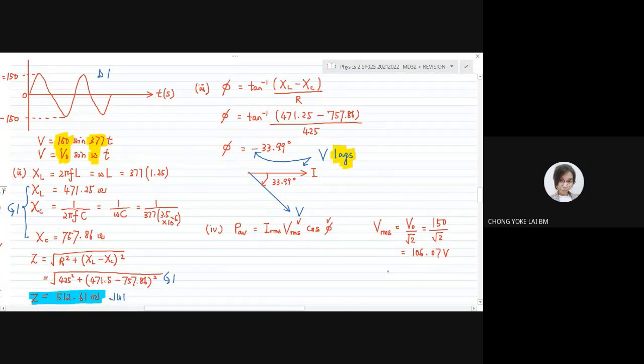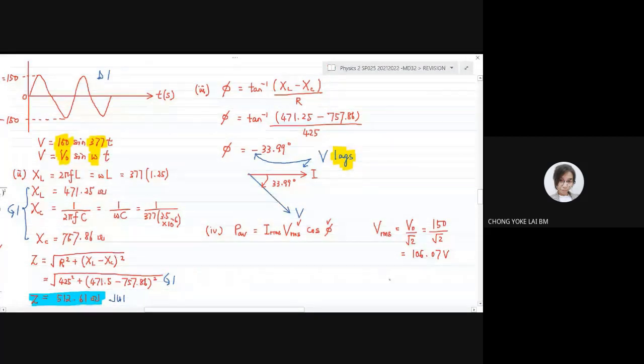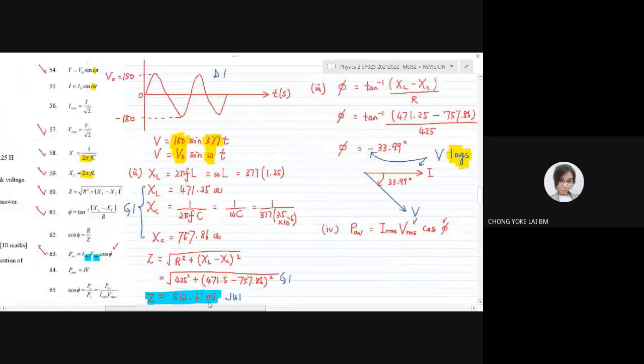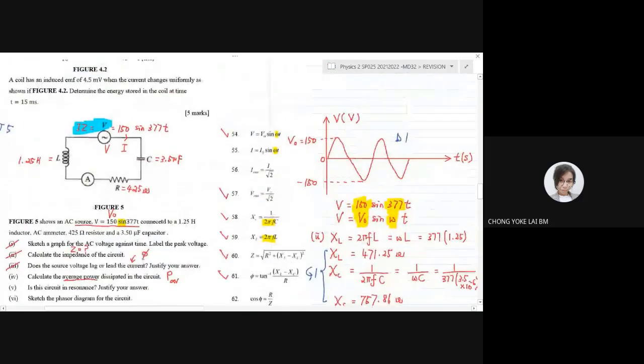Hati-hati kat sini. Student selalu silap dekat sini sebab dia hanya ingat V equal to IR. Tak boleh. Kenapa tak boleh V sama dengan IR saja di sini? Sebab R is not the only component in the circuit. Our voltage is connect to inductor, resistor and capacitor.